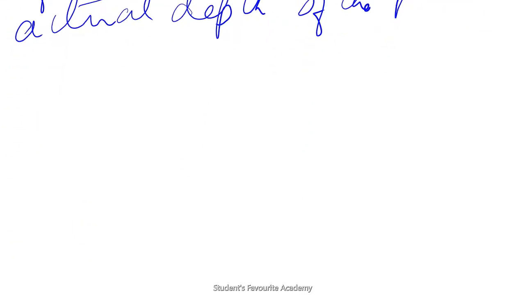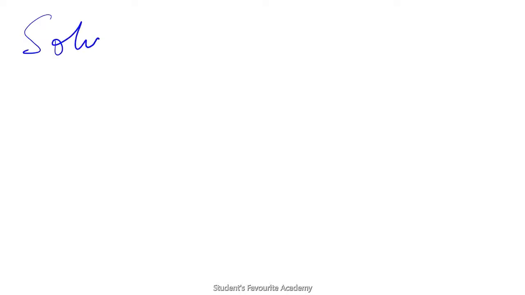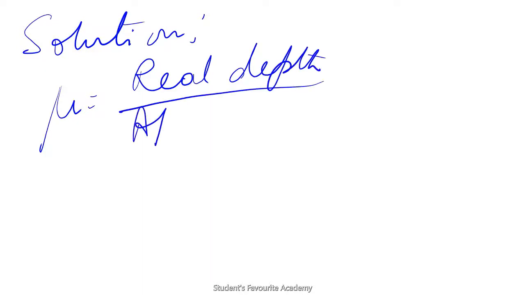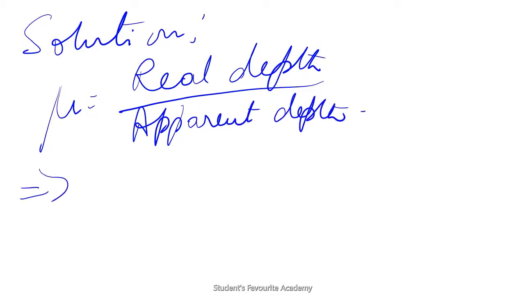Okay. Now, we know refractive index mu is equal to real depth upon apparent depth. So refractive index is given as 4 upon 3.